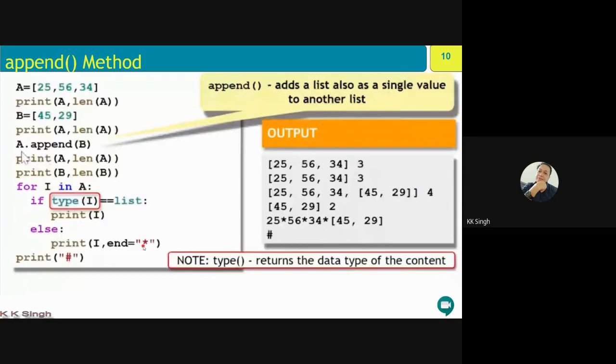So 25 asterisk, 56 asterisk, 34 asterisk, and 45 and 29, which is the list. Sorry, this will also get an asterisk, because after each value I print an asterisk sign. And this is the last statement, which will be printed on the next line, since one print was left out here. Otherwise, you will get this hash output if you run this program.